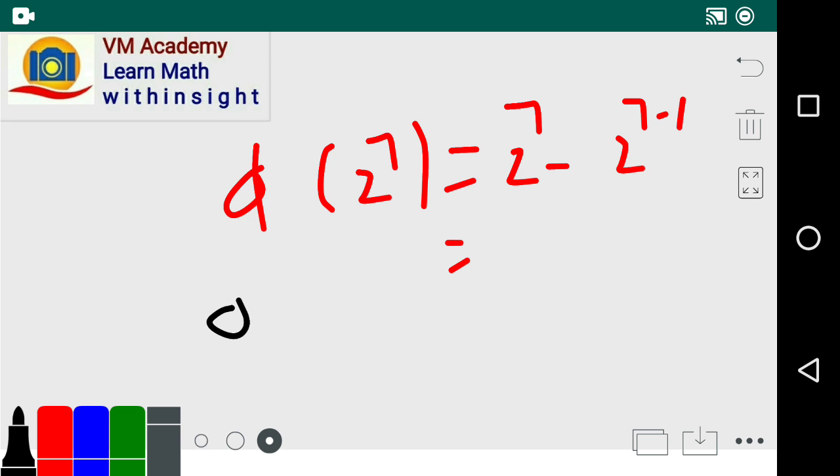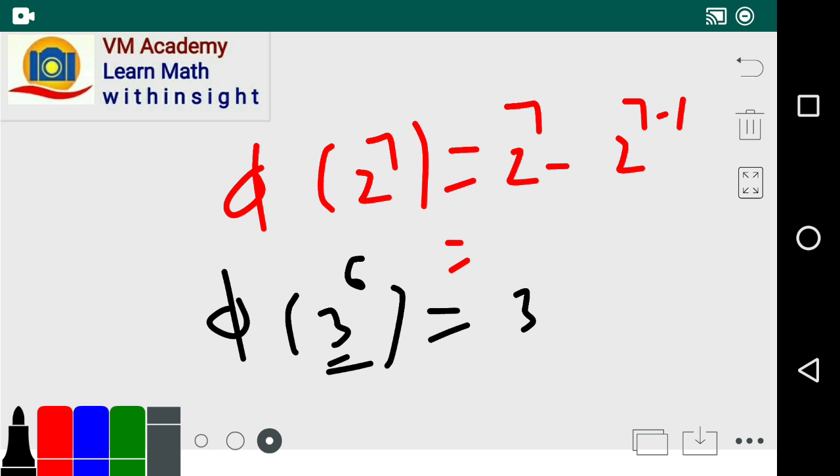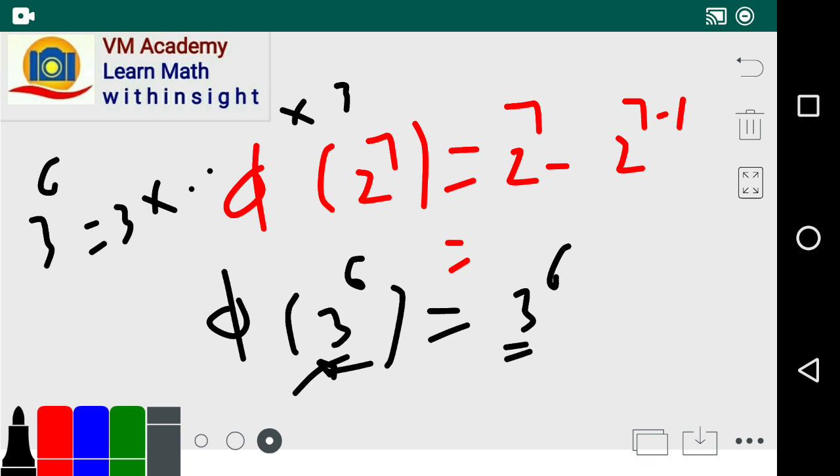Similarly, friends, for phi of 3 raised to 6, the total count of numbers is 3 raised to 6. Out of these, we must count the numbers that share at least one factor, since 3 raised to 6 is 3 into 3 into 3, 6 times. So how many numbers have at least one factor of 3? How many are multiples of 3?